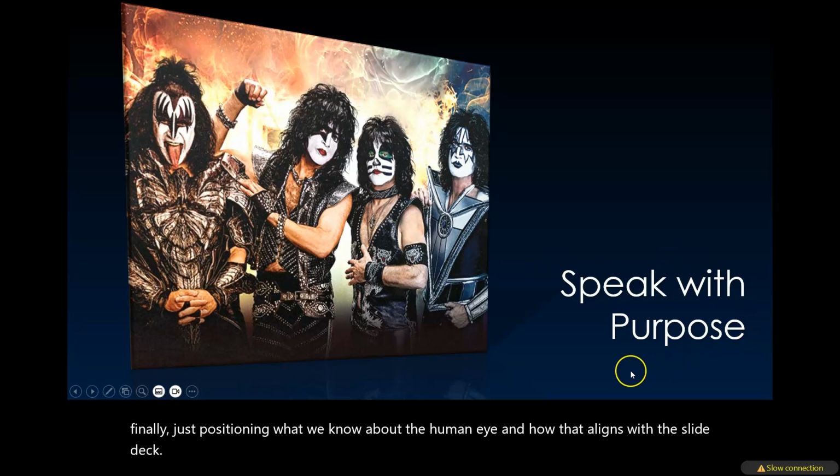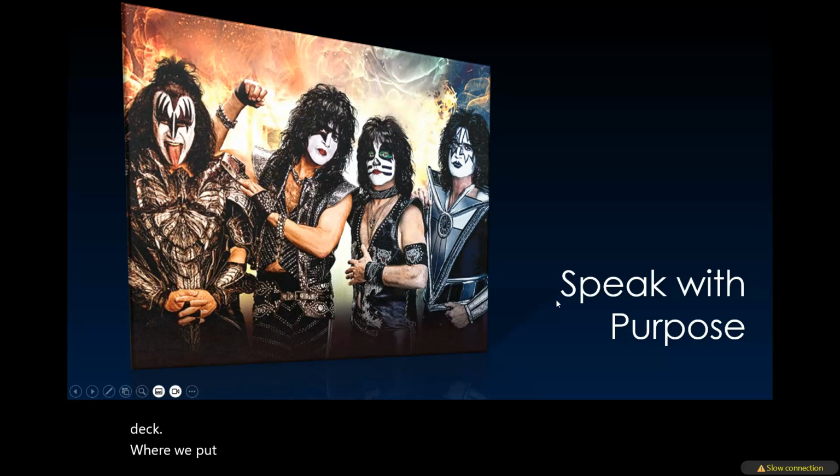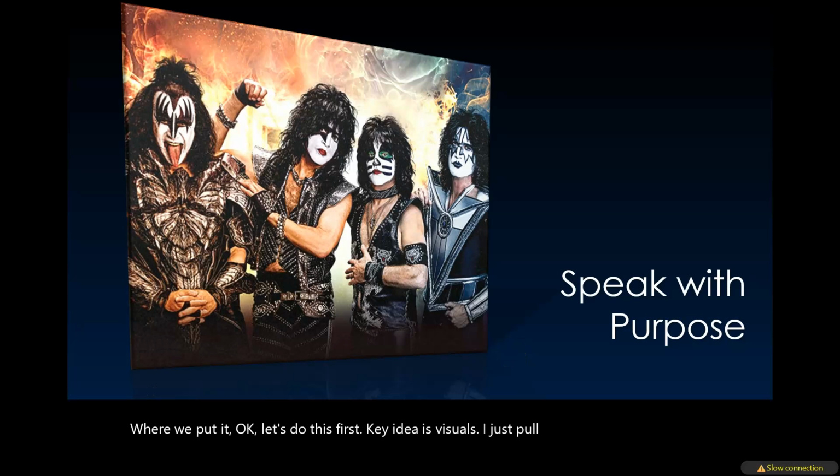Then I want you to note the text. It is a simple, clear font. And I have some nice contrast here where there is no eye strain to read Speak with Purpose. Okay, so visuals, make sure they are large enough for people to see and make sure that they are running parallel to or representing the thing you are trying to say.